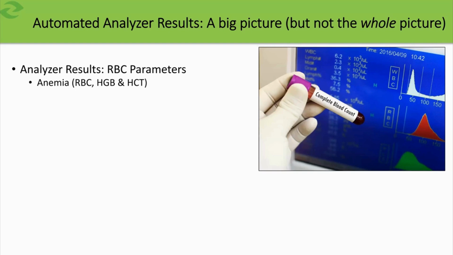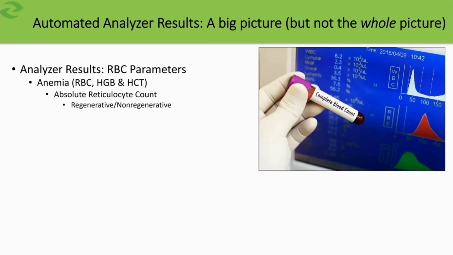And we're specifically going to talk about anemia here, and look at parameters associated with anemia, and then what we can do with a blood smear above and beyond that. So if there is anemia, then the majority of the in-house clinical analyzers can provide a reticulocyte count.